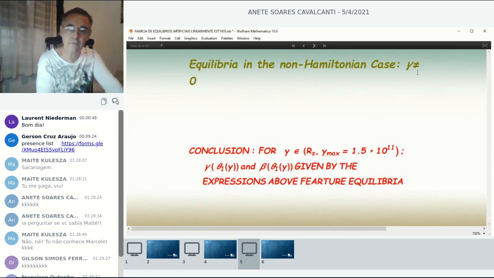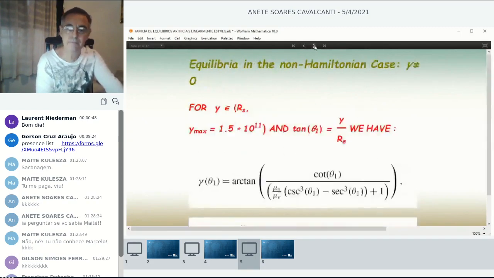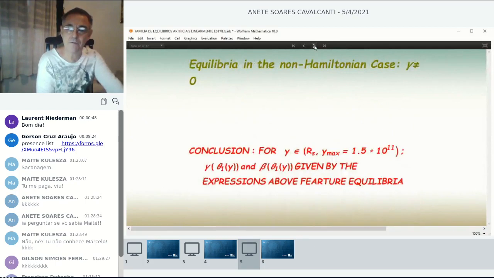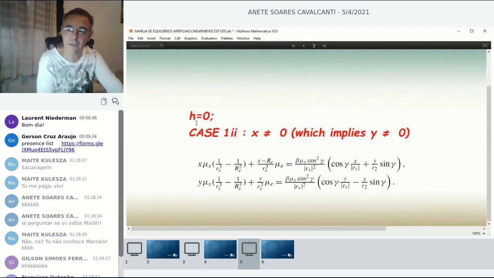Okay, so we have a family of equilibria in this non-Hamiltonian case. Remember, we are considering here the first case, that x is equal to 0. Now we look for the second case.